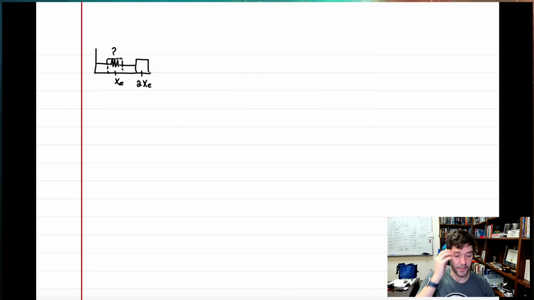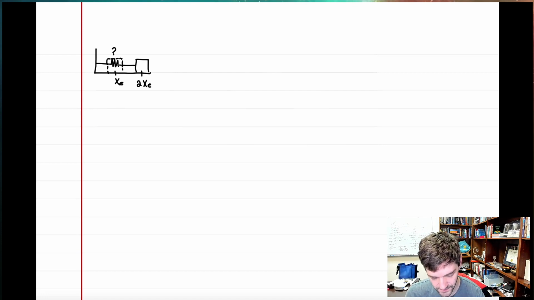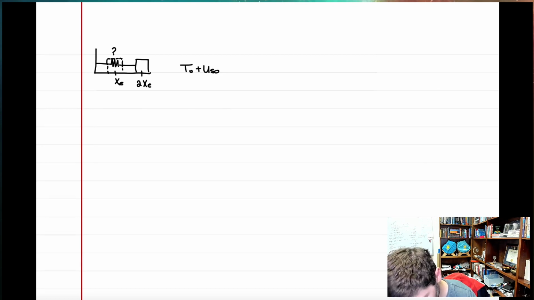It does no work as the box moves back and forth. So while there is a non-conservative force, it's never doing any work, so I can still apply the conservation of energy. The initial kinetic plus potential better equal the final kinetic plus potential for the spring in this case.